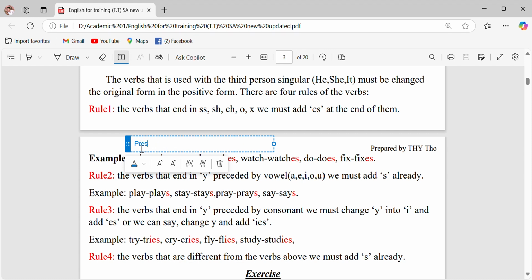Present simple, he, she, or it, in only positive form.